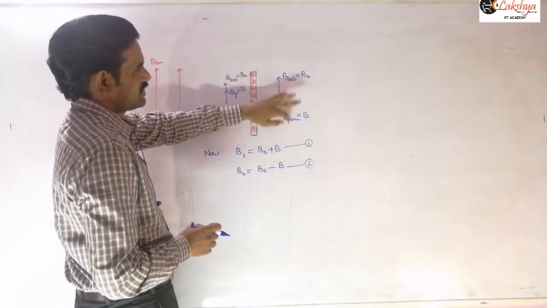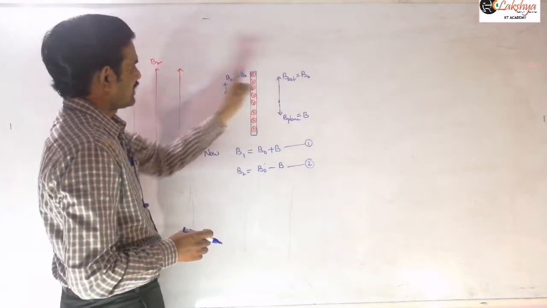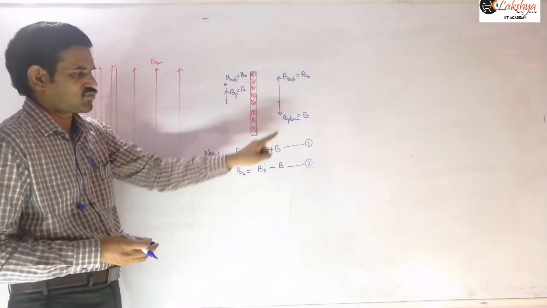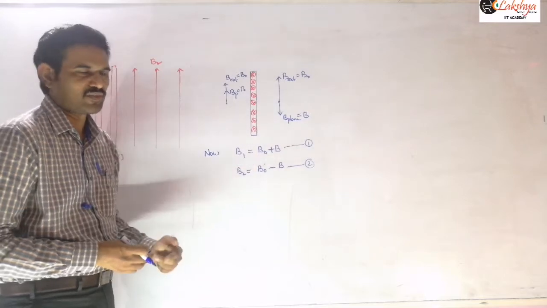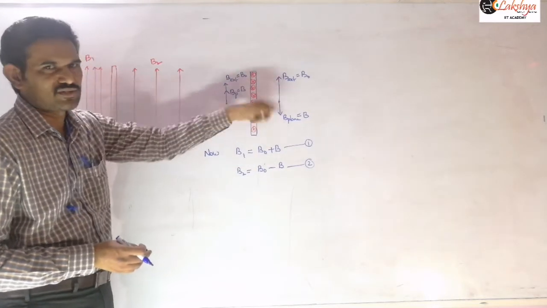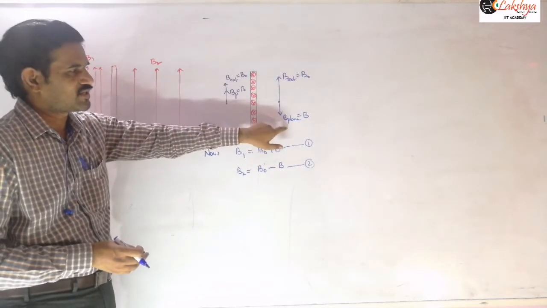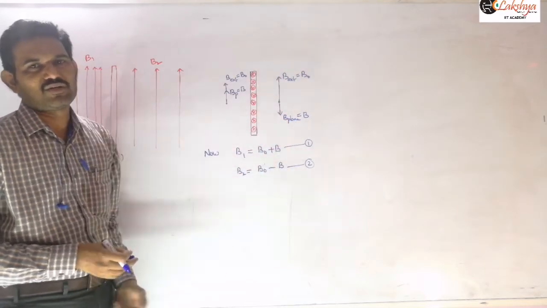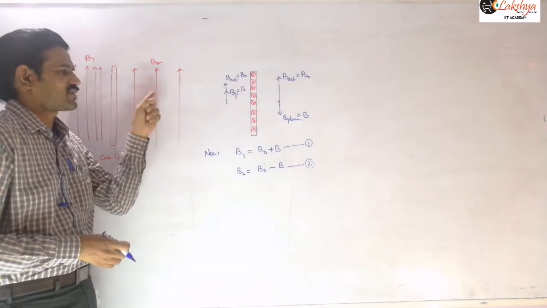These two are opposite to each other, but the resulting B2 is in this direction, which indicates that B naught is larger in magnitude. So I am writing this as B naught minus B. If B2 were in the downward direction, that would indicate B is larger in magnitude, then you would need to write it as B minus B naught. So that depends on this direction here.